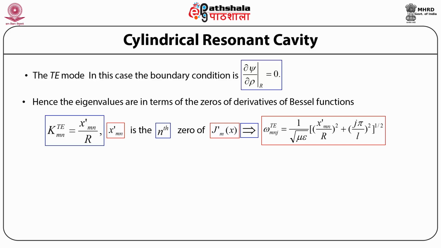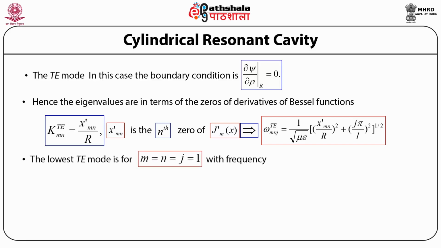function of x, and the resonant frequency can be given as omega subscript mnj superscript TE is equal to 1 upon under root mu epsilon, whole times bracket open (x prime subscript mn by capital R)² plus (j times pi by L)² bracket close whole to the power half.